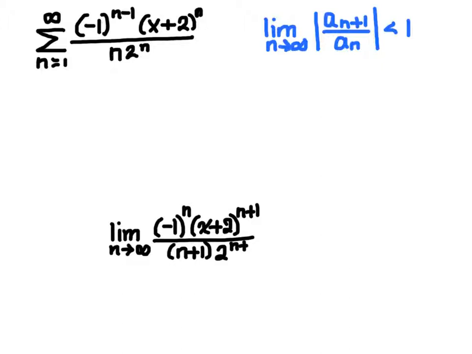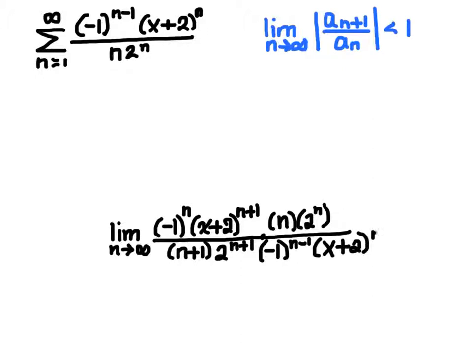There's our a sub n plus 1. And this is going to be divided by a sub n, which is the same as multiplying by the reciprocal. So we have n in the numerator times 2 to the n, and then in the denominator we have a negative 1 to the n minus 1 and (x plus 2) to the n.